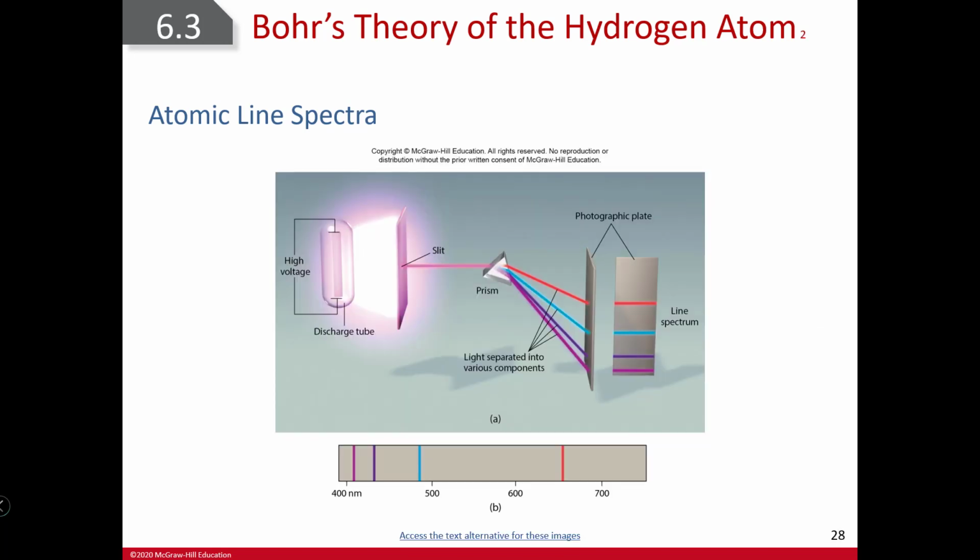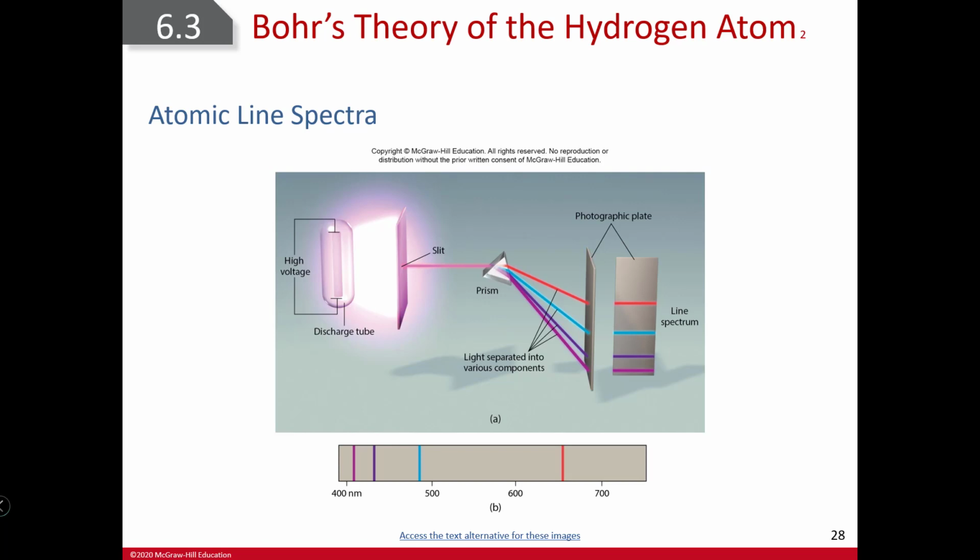So this is what I'm talking about. You take any element in the gas phase. You can use heat. A lot of times in the lab we'll take group 1A salts and put them in a flame, and then we look at the color given off.